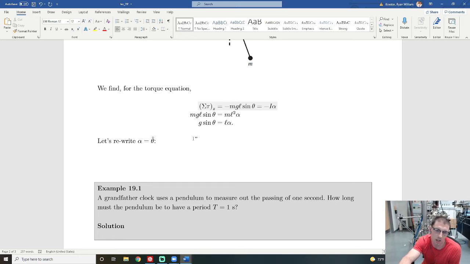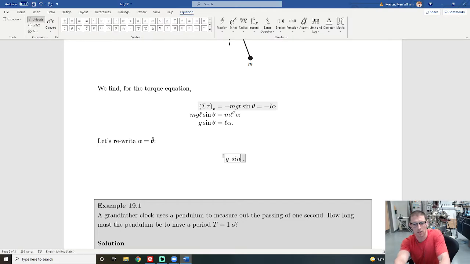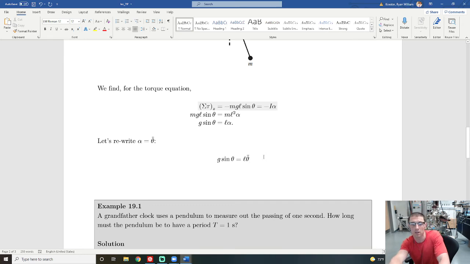This is just in keeping with what we've been doing all along for this rotational stuff, making analogies between linear motion and angular motion. And so we then find g sine theta equals, and you probably see where this is going. This is starting to look like a differential equation, and indeed it is, and that is where this is going. But we need one more thing here.